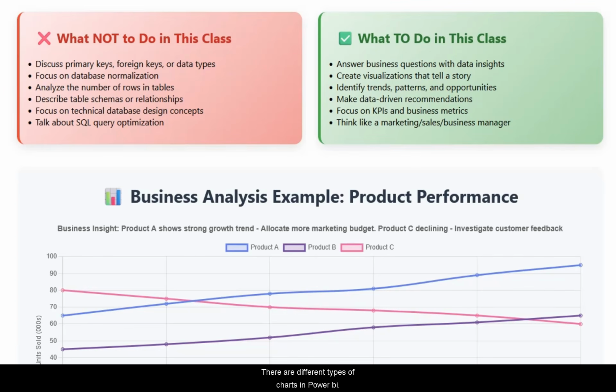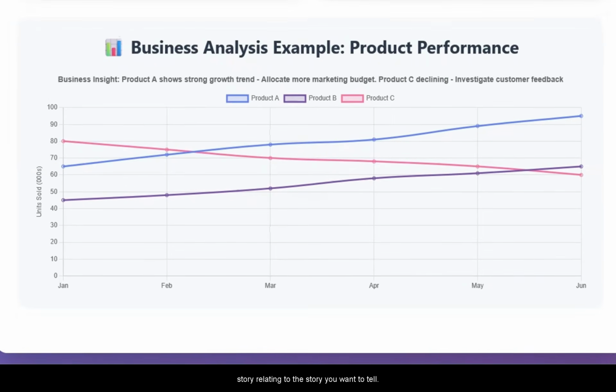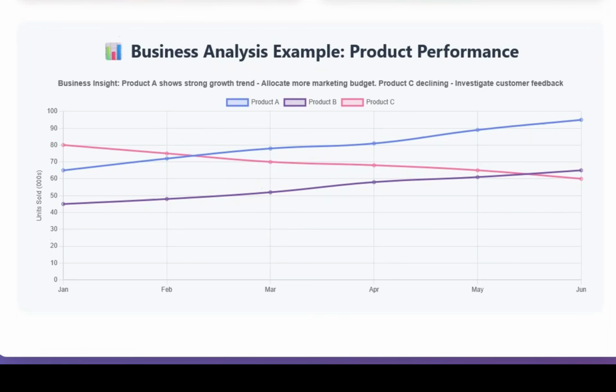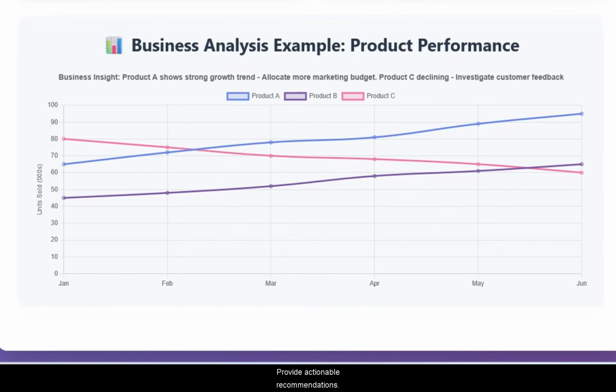There are different types of charts in Power BI. You look at them and pick the one that tells the perfect story relating to the story you want to tell. Provide actionable recommendations. For example, you can recommend that there should be increased marketing in the Northwest region.